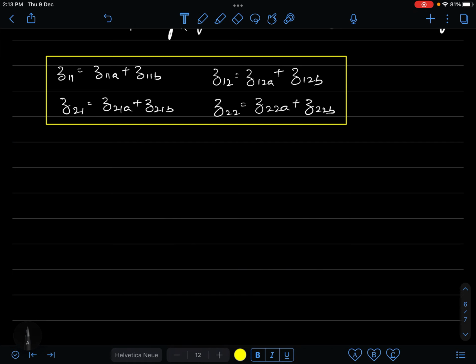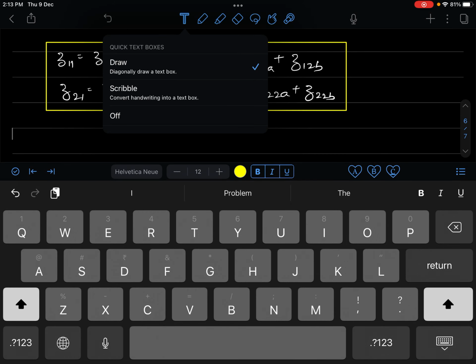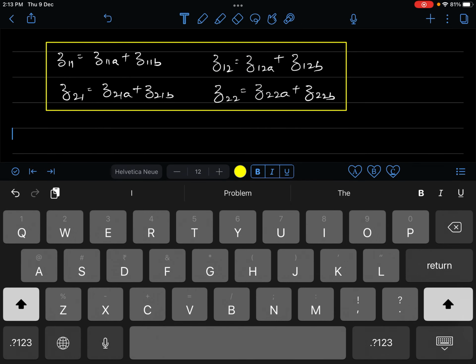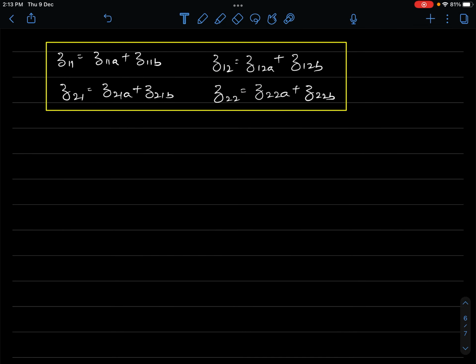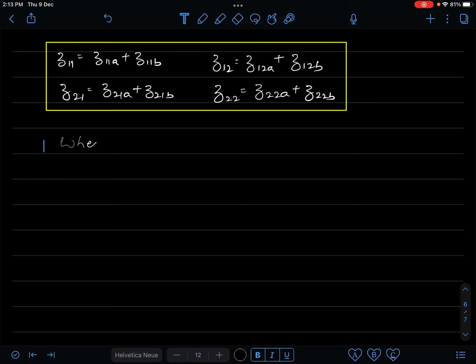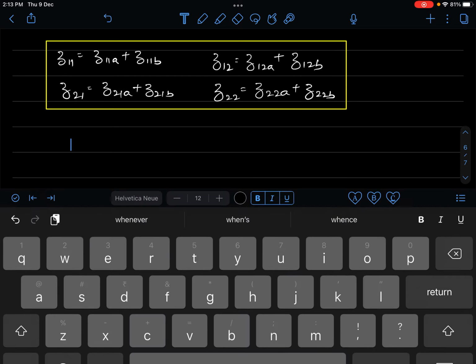Why is it by default taking black, I fail to understand.